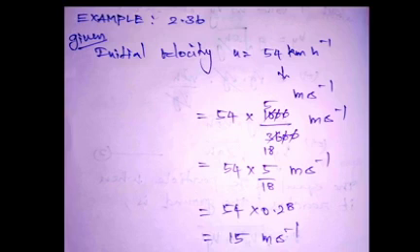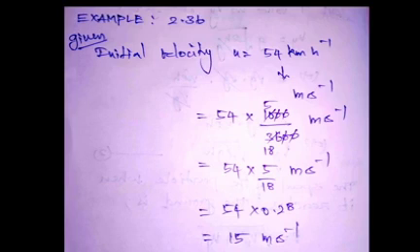How do I convert? 54 into, 1 kilometer equals 1000 meter, isn't it? So 1000 divided by, the hour is converted into seconds. For 1 hour, 60 minutes into 60 seconds, therefore 60 into 60 is 3600. So 1000 divided by 3600, and cancelling we get 5 by 18. So 54 into 5 by 18 meter per second.